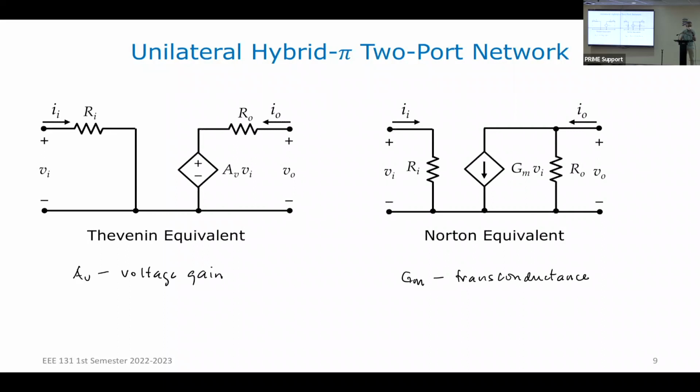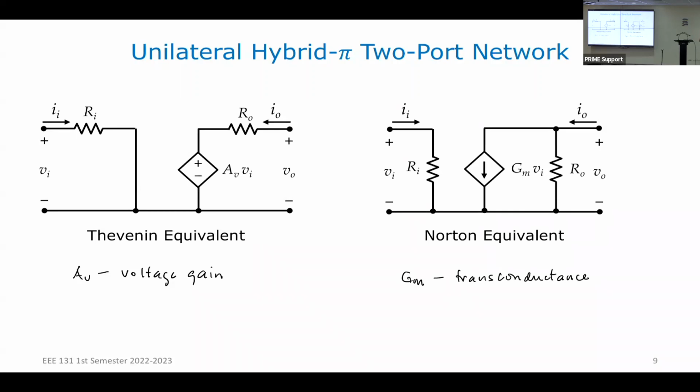Why is it a transconductance? Because the units are the units of conductance, which is Siemens. Yung unit ng G, that's the unit of conductance, which is Siemens. But it's not a conductance in the sense that the current across it will determine the voltage through it. The voltage across it will determine the current through it, because it's the voltage in another part of the circuit that determines the current through it.